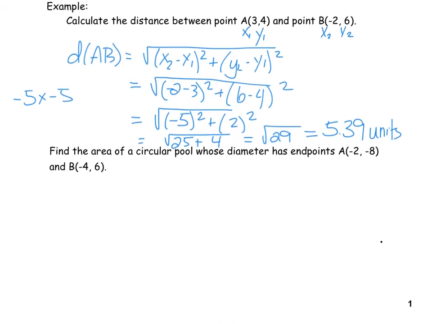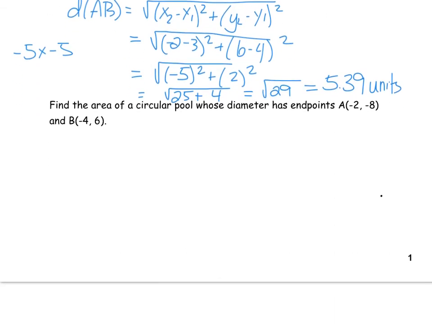All right, let's try this next example. In this example, you're asked to find the area of a circular pool whose diameter has endpoints A, -2, -8, and B, -4, 6. So if you're asked to find the area, well, you need to think about what is the formula for the area of a circle.